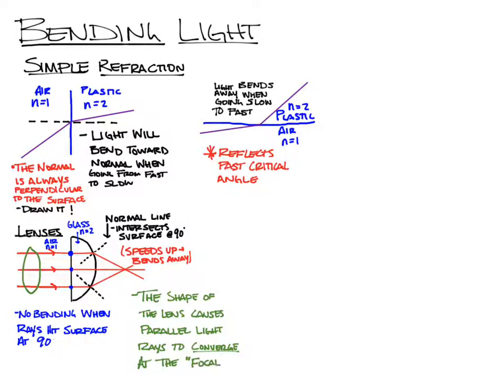We call this point the focal point. Now, before we get ahead of ourselves, that's our focal point. This shape causes parallel light rays to converge at the focal point. So we call it a converging lens. It causes light rays to come together.